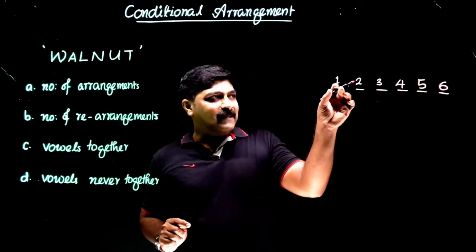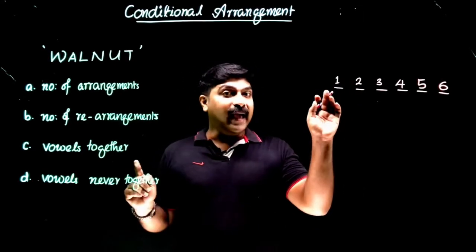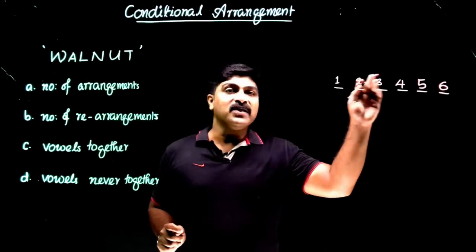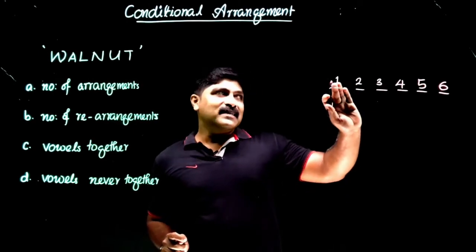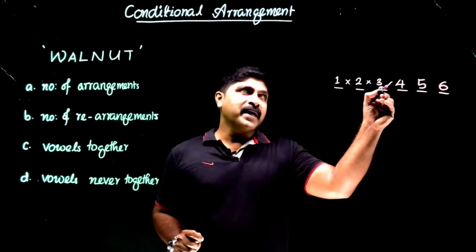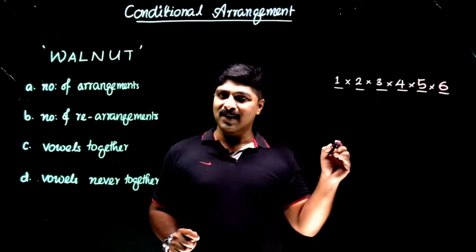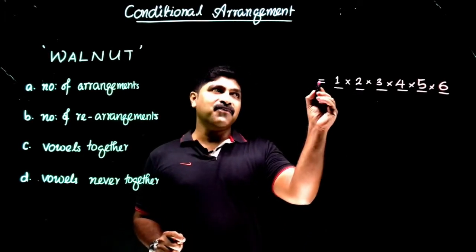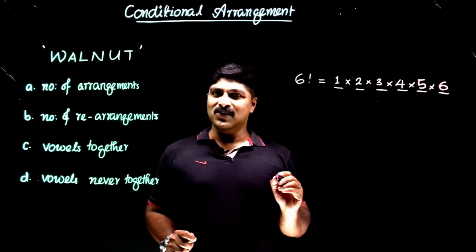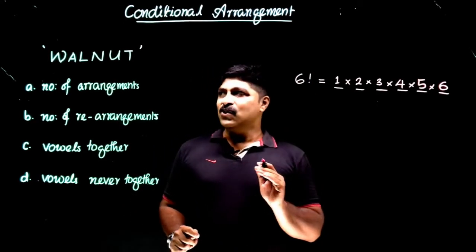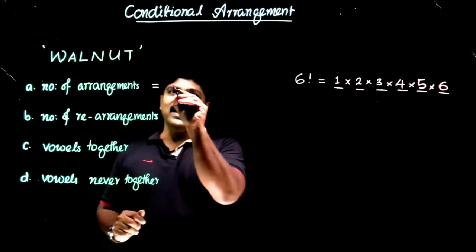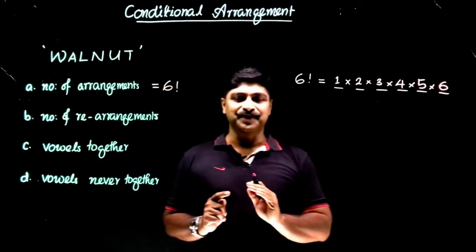To get the total number of all the arrangements, you simply multiply all these values. There is a direct expression for this type of arrangement, that is factorial. So this is 6 factorial. We can easily conclude the answer for this question is nothing but 6 factorial.